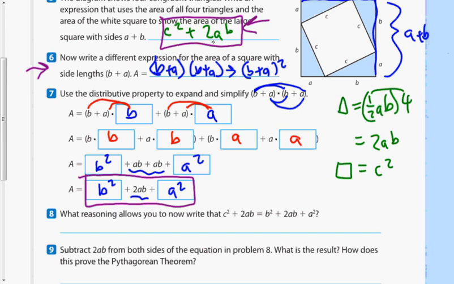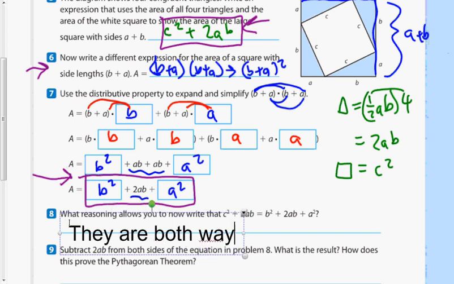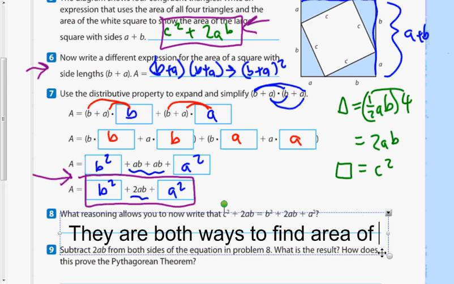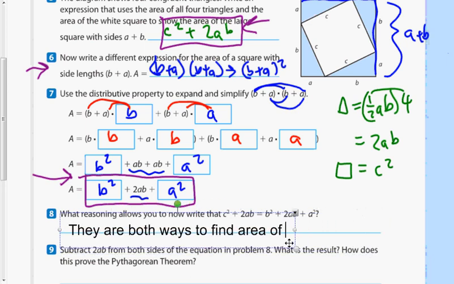So we had this is equal to this, because they both are ways to find the area. We're going to write that in there. They are both ways to find area of the same shape. So they should be equal.